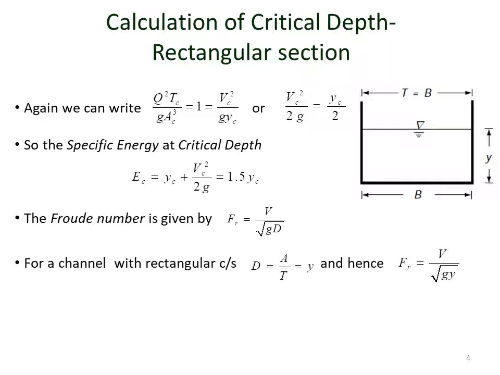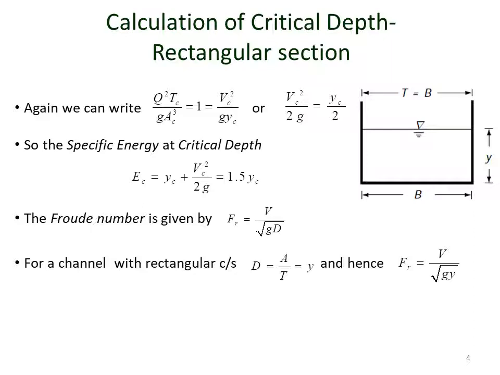And so it can be very easily seen that capital VC square by 2g is equal to yc by 2, or the velocity head of the flow is equal to half of the critical depth, where capital V is the mean velocity over the cross section of the flow.